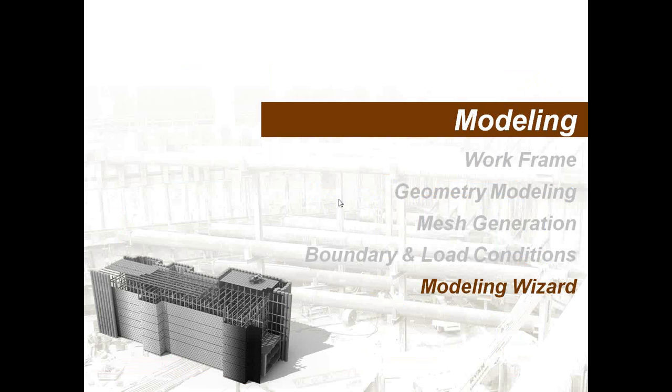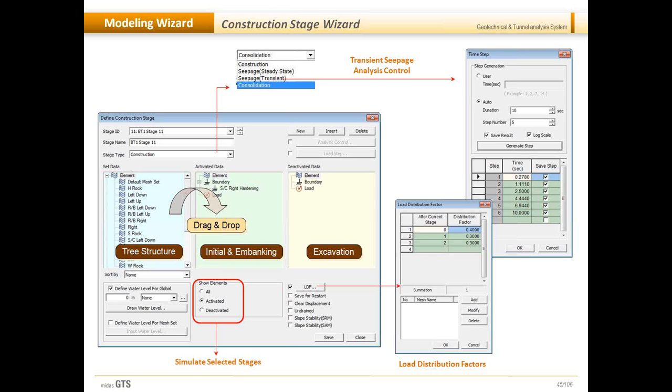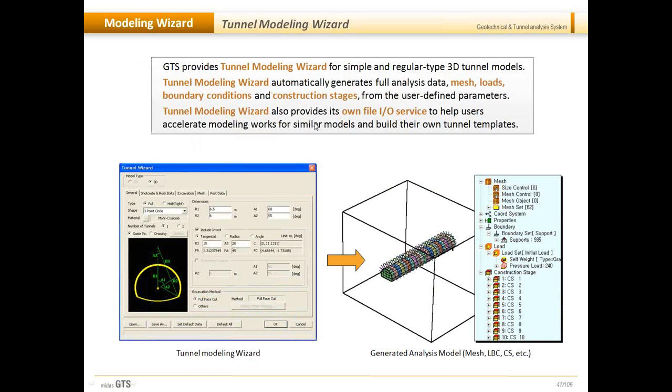And finally, a few words about the modeling wizards in GTS. The wizard is here to help you do a certain kind of analysis, because when you begin to use the software, maybe you don't know how to do that. Using, for example, the construction stage wizard, it will help you to correctly define the stages for the construction. Now you have the tunneling modeling wizard.